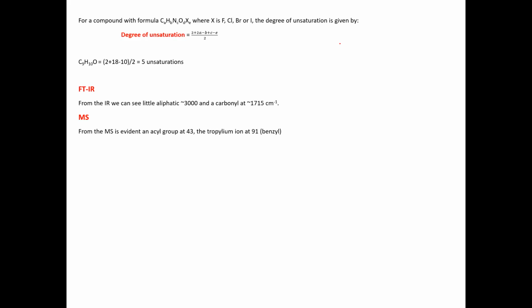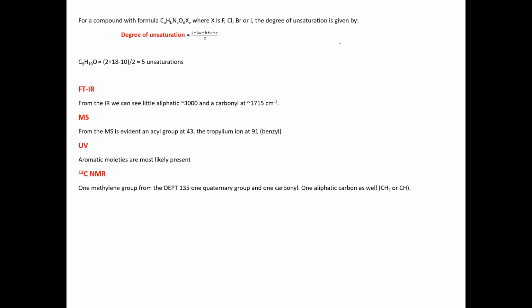That really tells you something. UV tells you that aromatics are present, so you get 1 mark if you say that. Carbon NMR: 1 quaternary carbon and 1 carbonyl, which is also a quaternary, of course, 1 aliphatic and 1 methylene, which I said at the beginning.